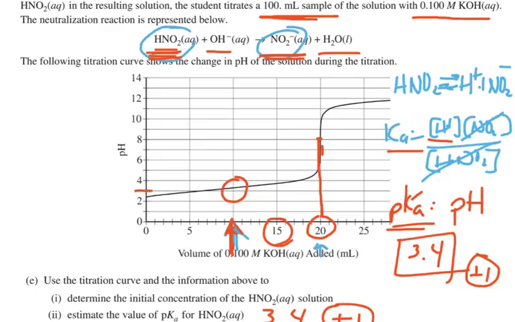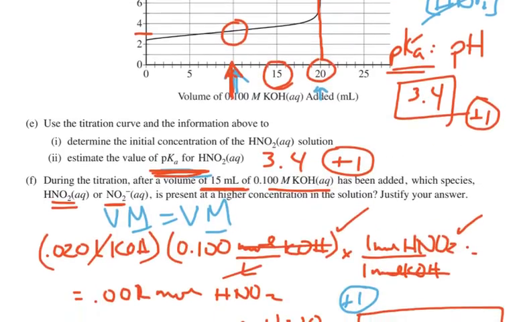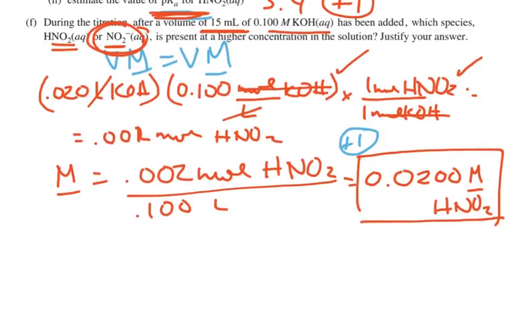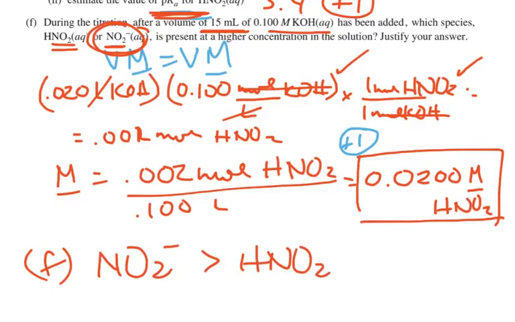Well, if we get here, then we have changed more of our HNO2 into our NO2 minus. So we're going to have more NO2 minus. So, which is present in higher concentration? Okay, the HNO2 or the NO2 minus, and our answer is for F. Okay, there's going to be more NO2 minus, would be greater than the HNO2 concentration.